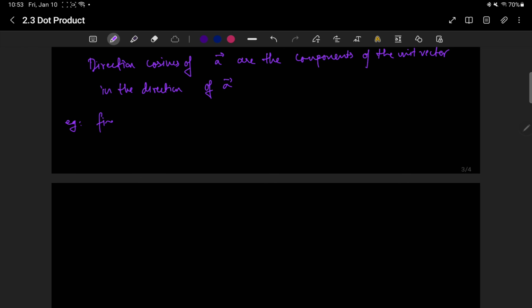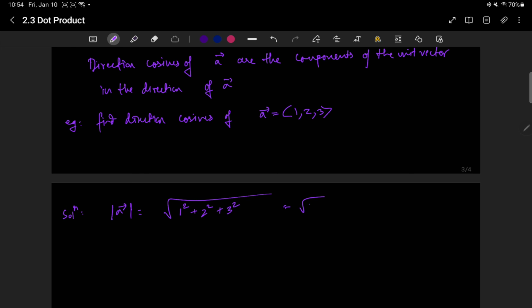Example: find the direction cosines of the vector i plus 2j plus 3k. So first I'm going to find the magnitude, which will be 1 squared, 2 squared, 3 squared, root 14.